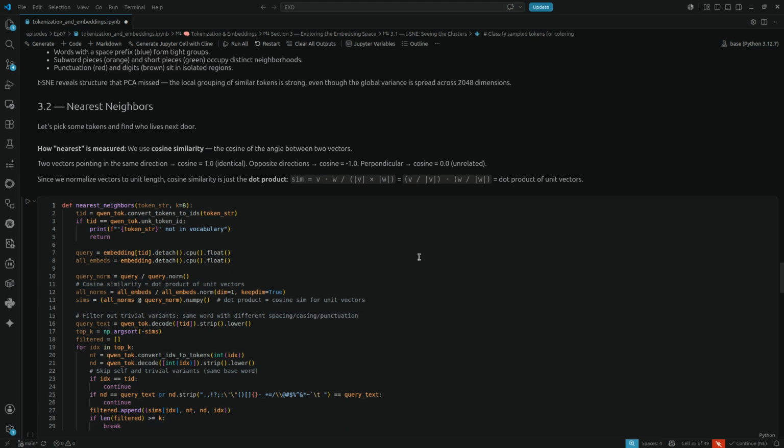If two vectors are pointing in exactly the same direction, you'll get a cosine of 1. If they're pointing in opposite directions, the cosine is -1, right? And if they're perpendicular to each other, which means they are unrelated, remember, same and opposite are still related. It's just that one is negatively related to the other. Perpendicular could mean it's totally unrelated, right? So this is the way we measure cosine similarity.